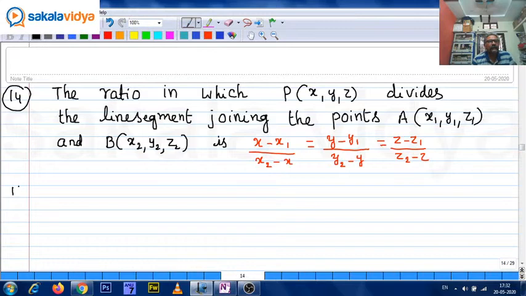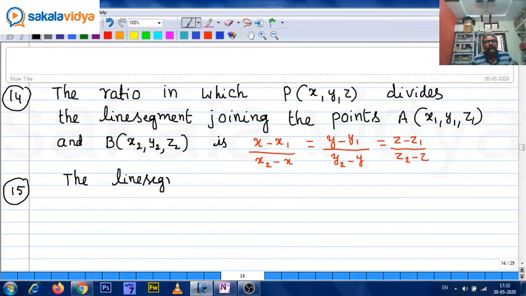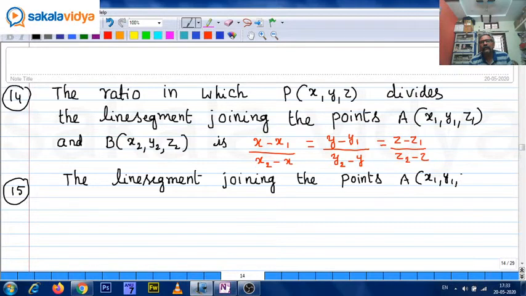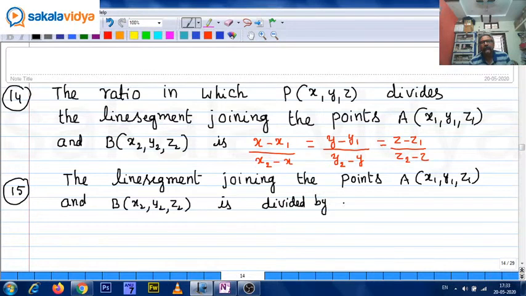So next, 15th point. The line segment joining the points A(x1, y1, z1) and B(x2, y2, z2) is divided by the xy plane, not the x-axis, the xy plane.